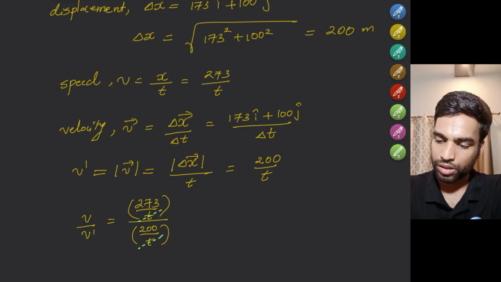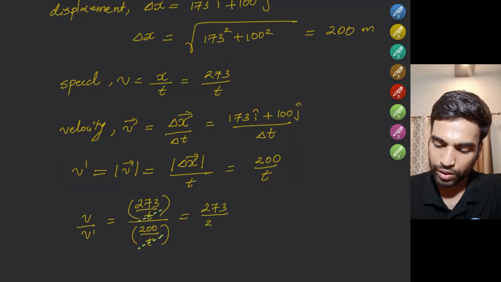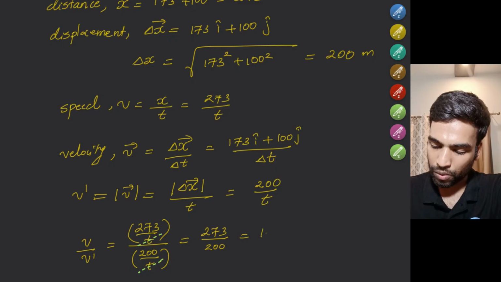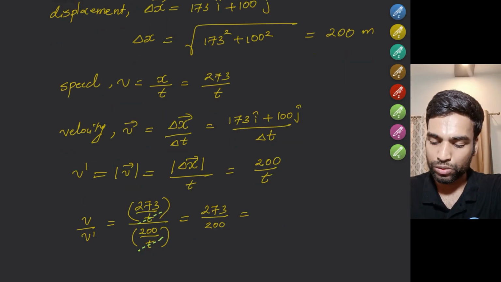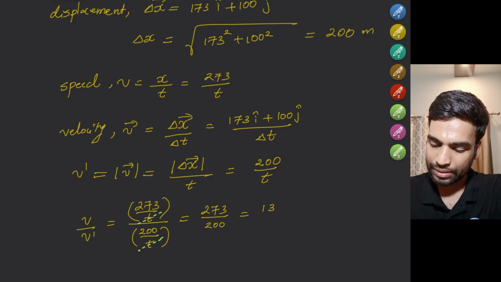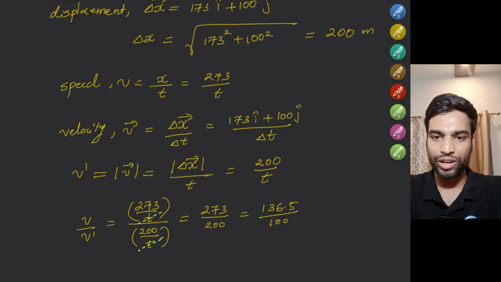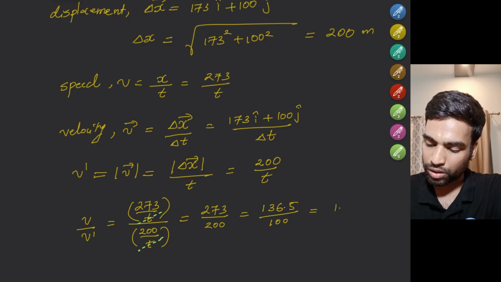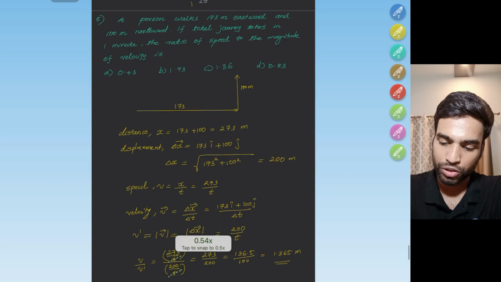So we can write this is equal to 273 divided by 200, which will be 136.5 divided by 100 by dividing the numerator and denominator by 2. So that must be equal to 1.365. So the closest answer is option C.